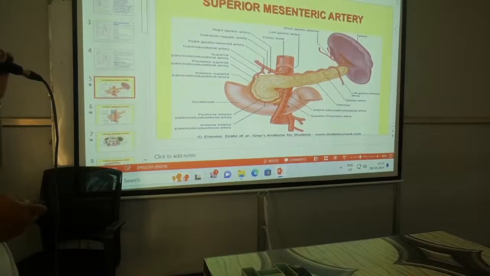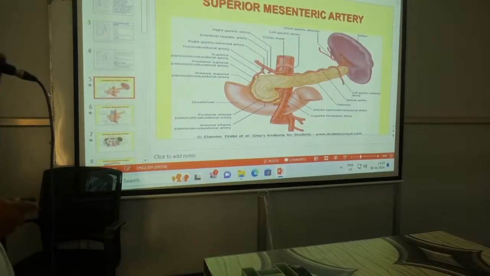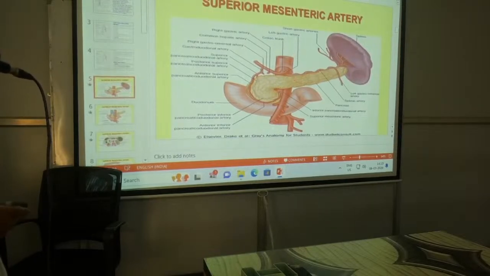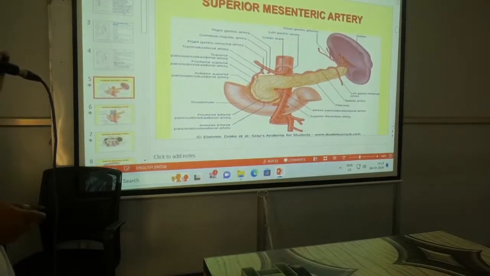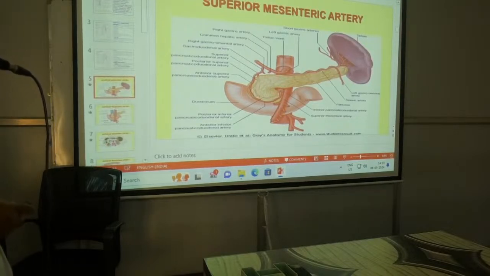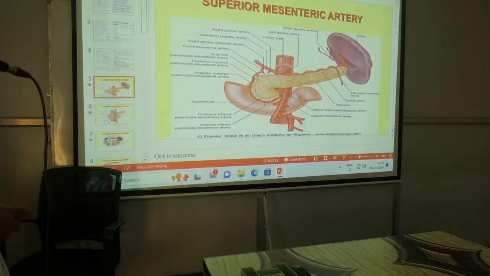And 1 centimeter below, just behind the body of the pancreas at L1 level, the superior mesenteric artery is arising. Its first branch is the inferior pancreatico-duodenal. It is also dividing into anterior and posterior branches, anastomosing with the superior pancreatico-duodenal and supplying the head and uncinate process of the pancreas and the duodenum.